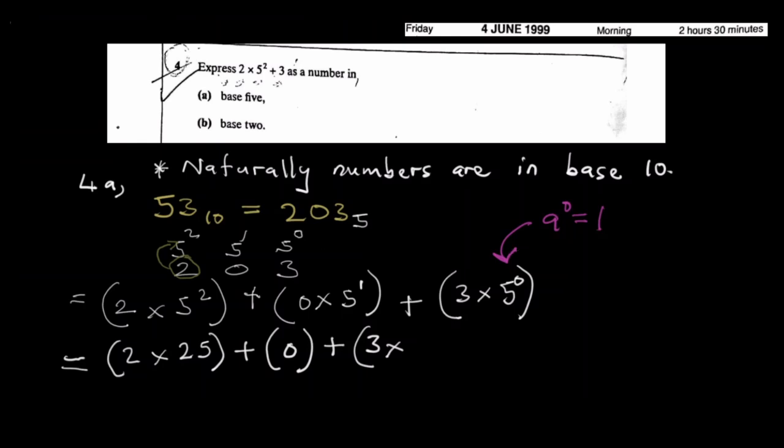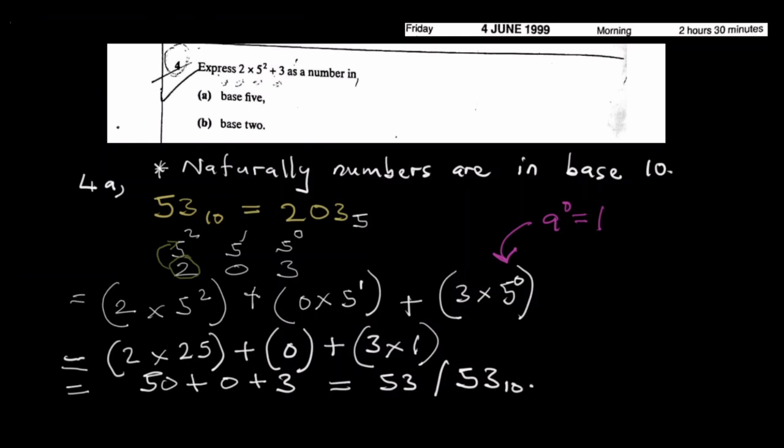So by application, 5 to the power 0 will be 1. Solving this, 2 times 25 is 50, plus 0, plus 3 times 1 is 3. So this is equal to 53. Because there is no specified base, we already know it's 53 base 10. So we have proven our solutions.